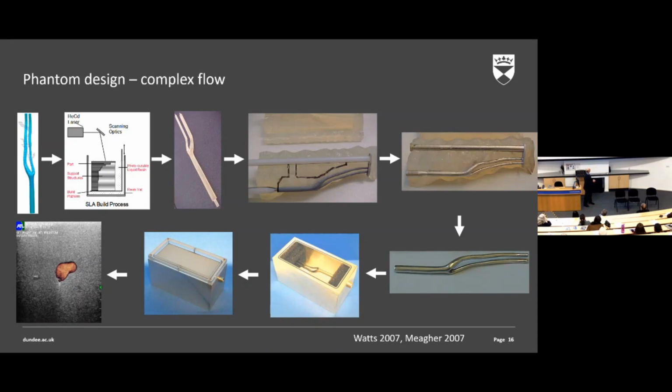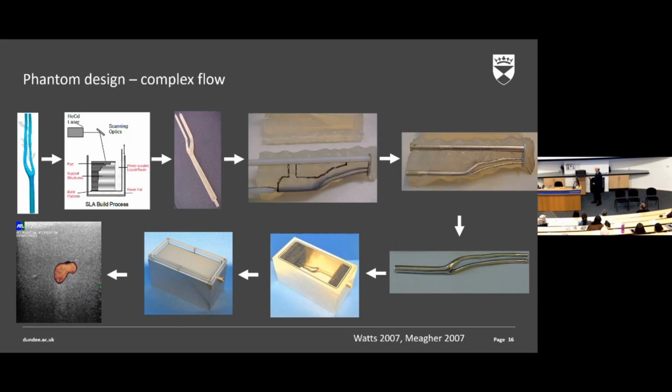Once the silicone mold is made, you can pour low melting point alloy into the mold, let that set, take it out, polish it up, put it in the box, pour in the tissue mimic, let the tissue mimic set, melt out the low melting point alloy, and you're left with a channel through the tissue mimic, which has got the proper carotid geometry.